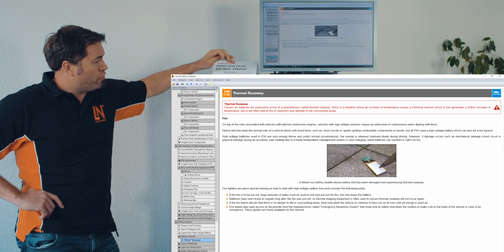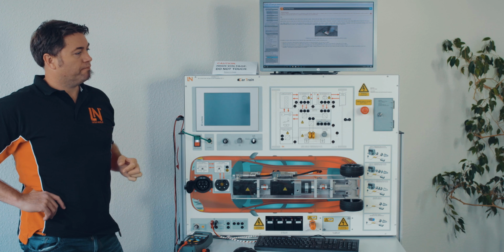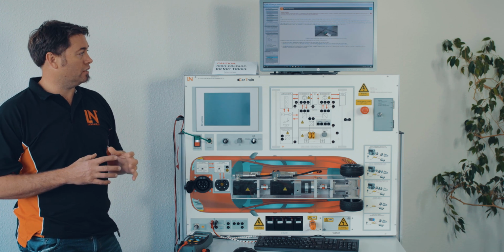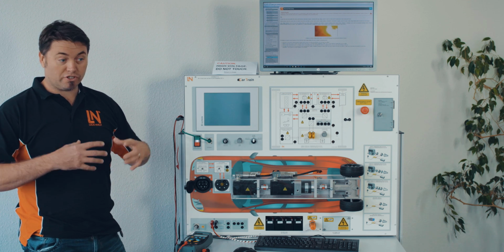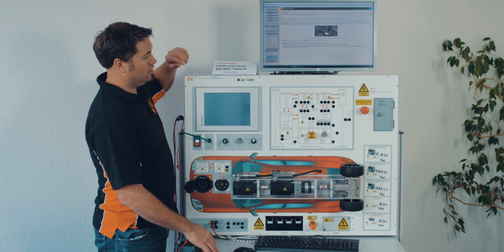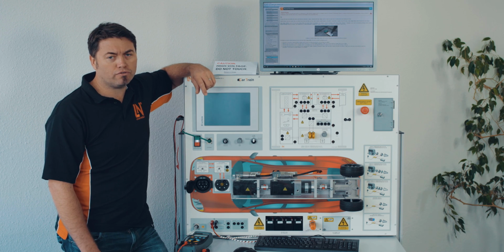There's a condition called thermal runaway. So thermal runaway is basically a vicious circle. Once a lithium type battery heats up, it causes a chemical reaction which causes further heating, and that builds upon itself until a point where the battery can actually catch on fire. They have so much energy inside that they can catch on fire.